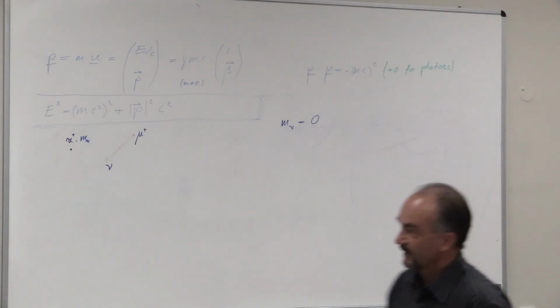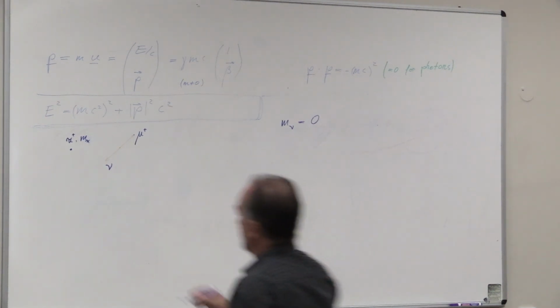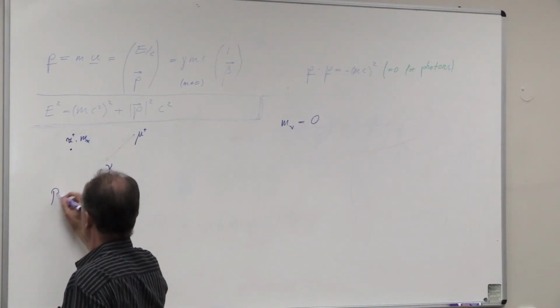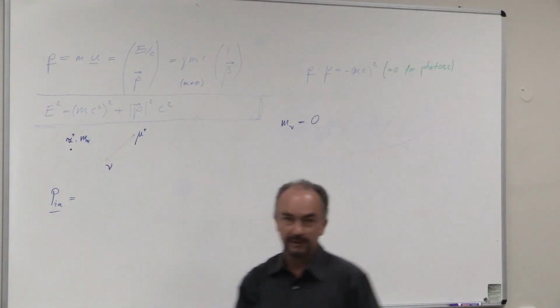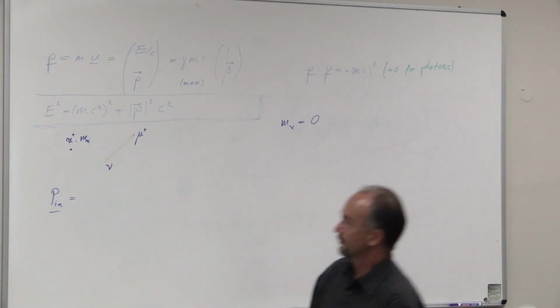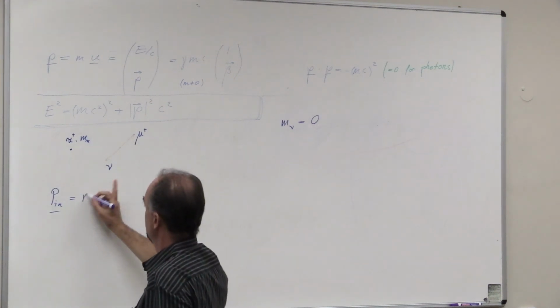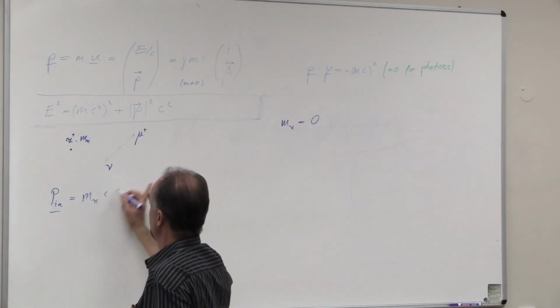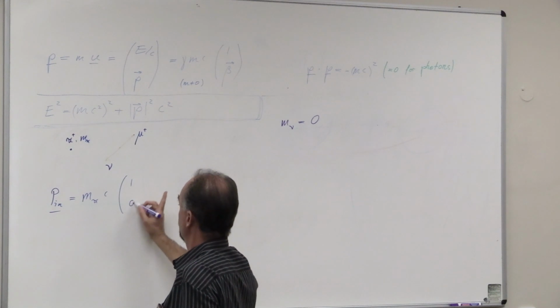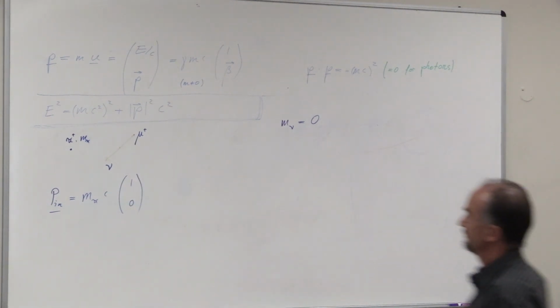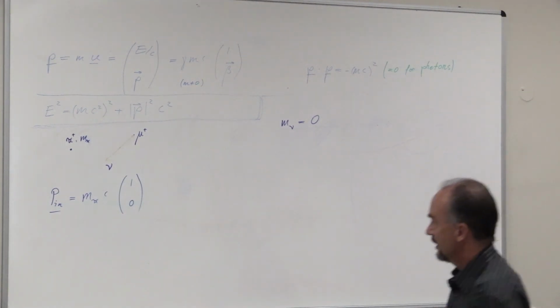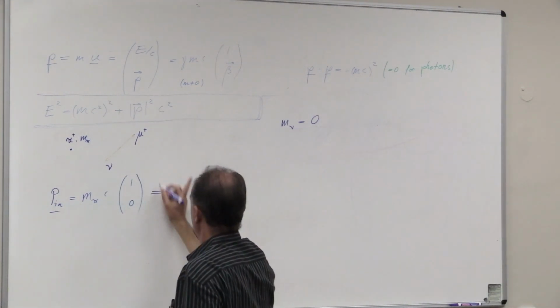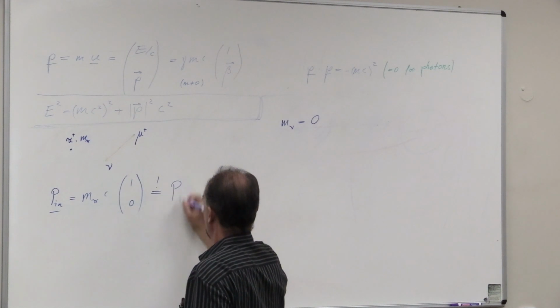Then we can play the same game here. What is the total momentum that comes in? That's only the pion at rest. So the pion at rest is m pion c, 1, and there's no velocity here, so the spatial part is 0. And that should better be the same as what comes out.